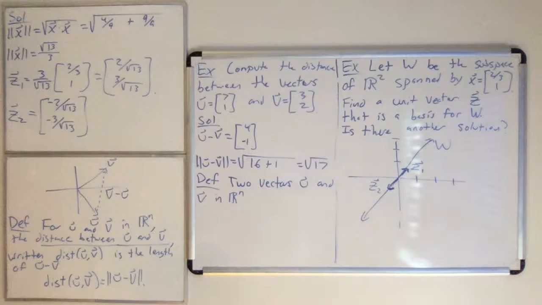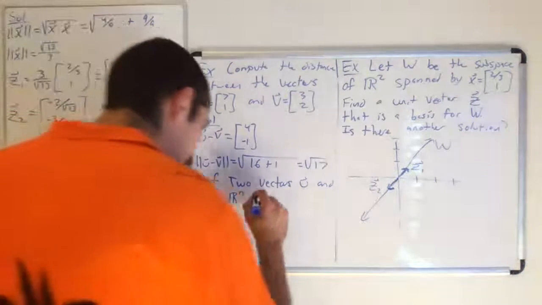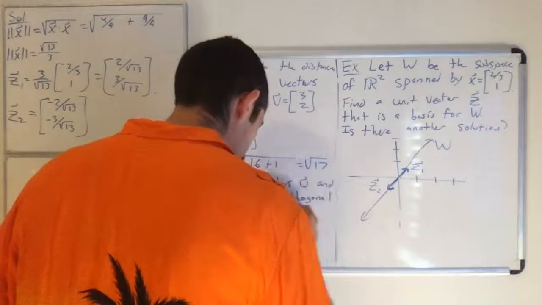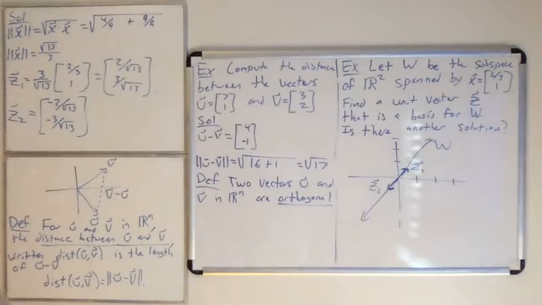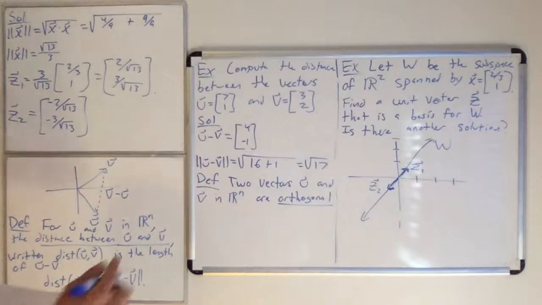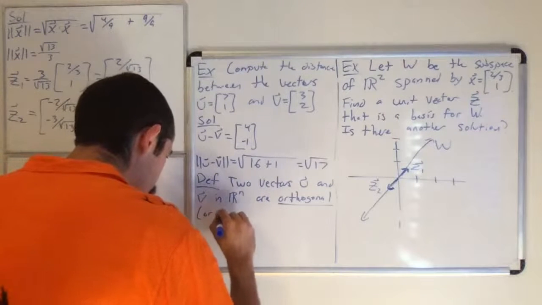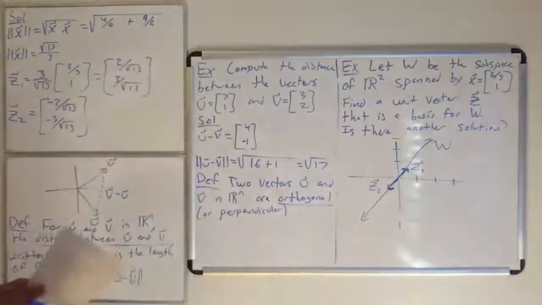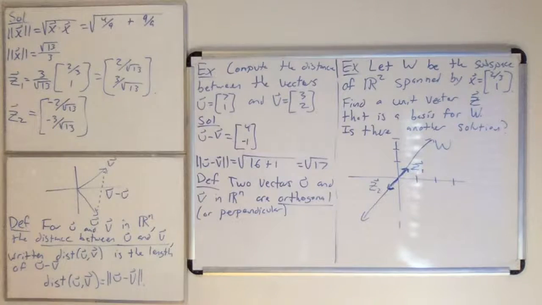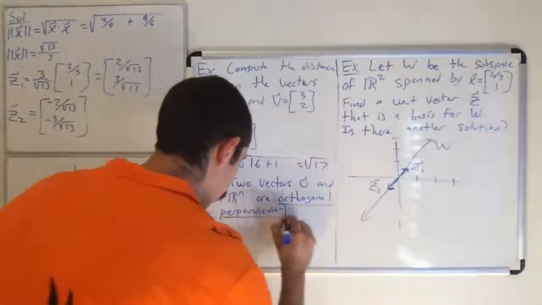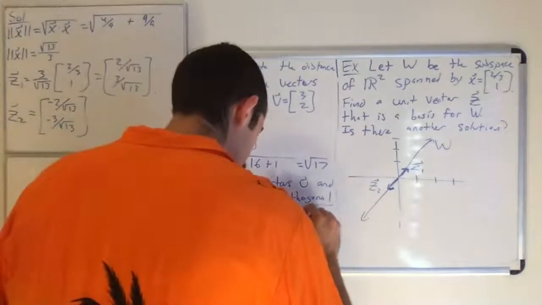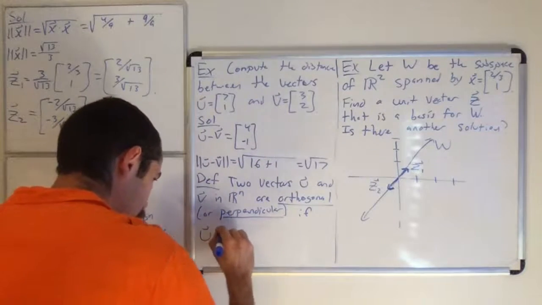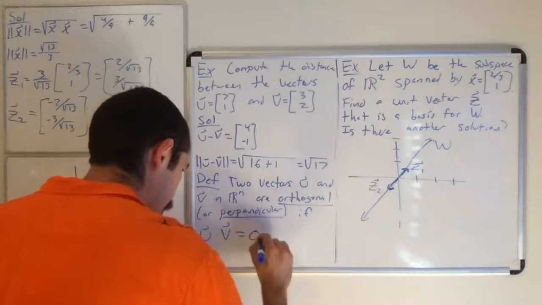So two vectors u and v in Rn are orthogonal, another word you may see is perpendicular, if their dot product is equal to 0.